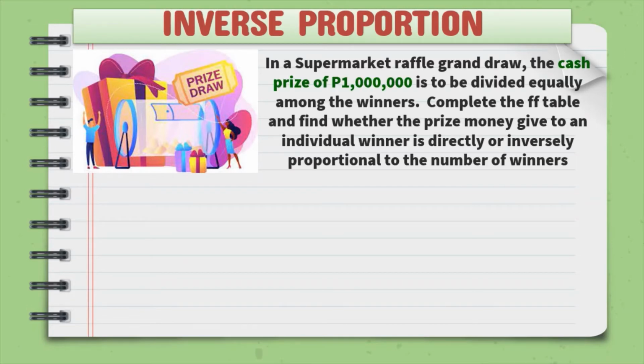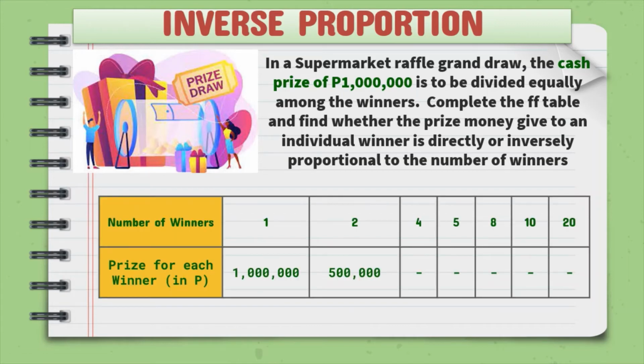For example, in a supermarket raffle grand draw, the cash prize of 1 million pesos is to be divided equally among the winners. Complete the following table and find whether the prize money given to an individual winner is directly or inversely proportional to the number of winners. So, we have here the tabular form.